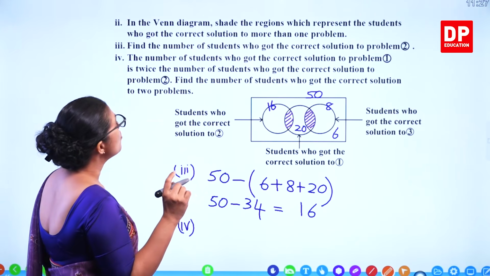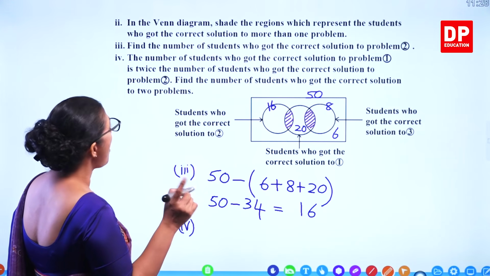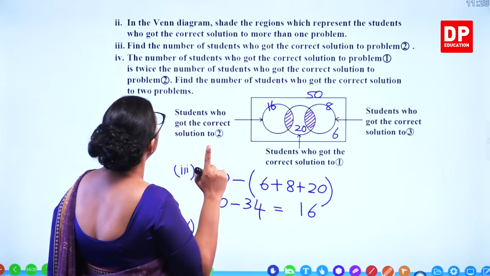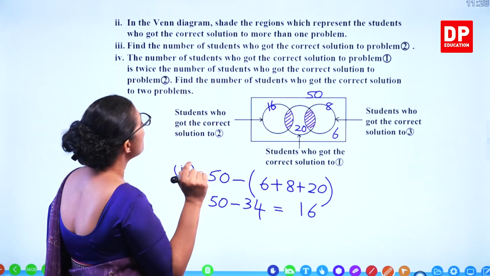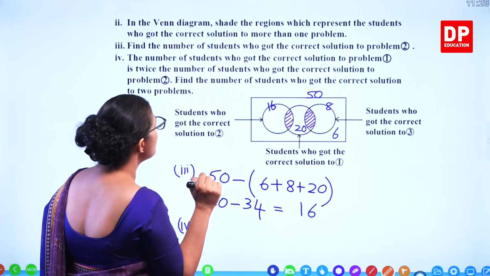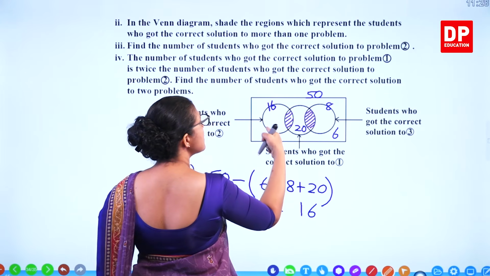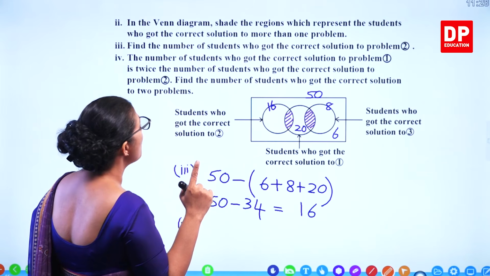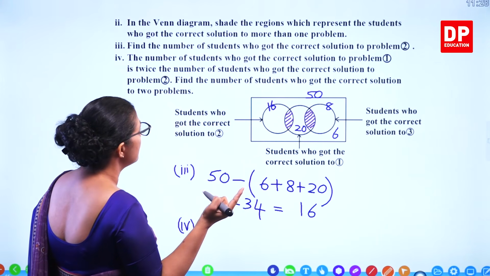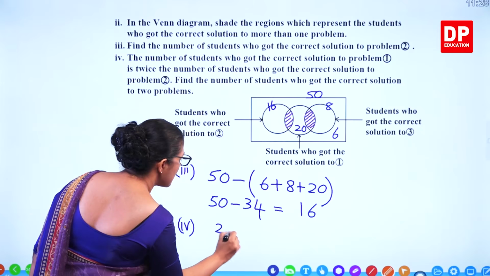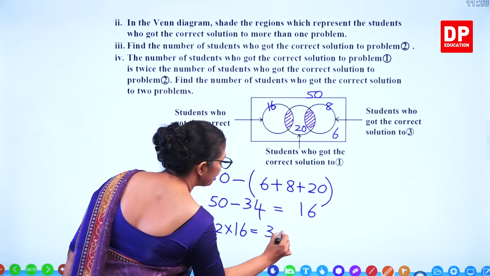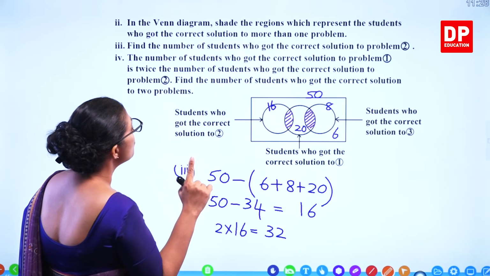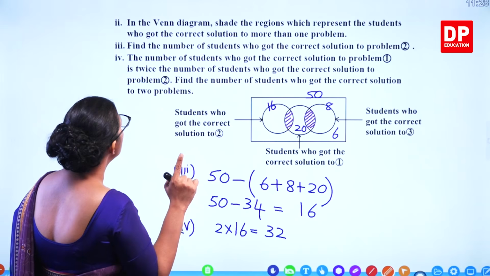The number of students who got the correct solution to problem 1. Problem 1 is this one. Is twice the number of students who got the correct solution to problem 2. So problem 2 we found out this is 16. So how many students who got the correct solution to problem 1? Twice as that. So 2 times 16. That's 32. Then it says find the number of students who got the correct solution to 2 problems.